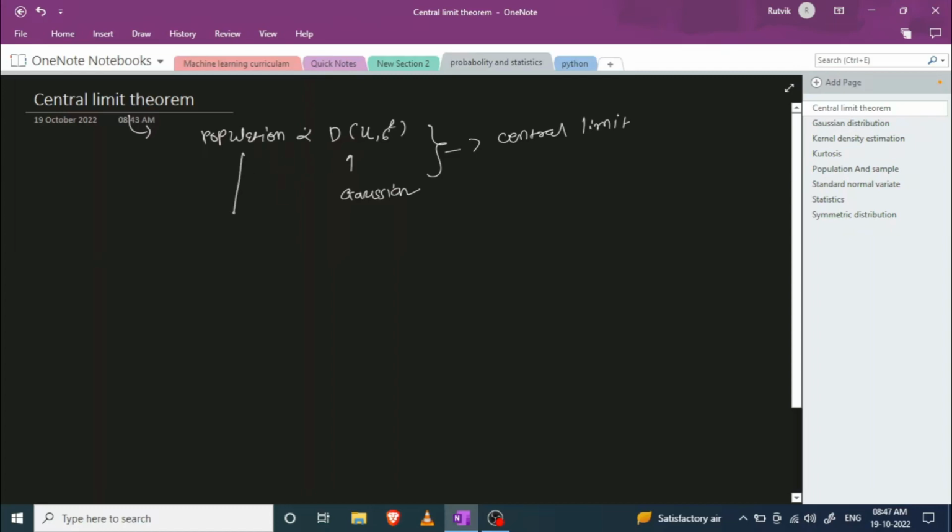So the chart is going to look like this: I process some data here, and after the process, whatever output we get follows the Gaussian distribution. This is all about the central limit theorem, and this is the answer to the question of why we use the central limit theorem in data science.